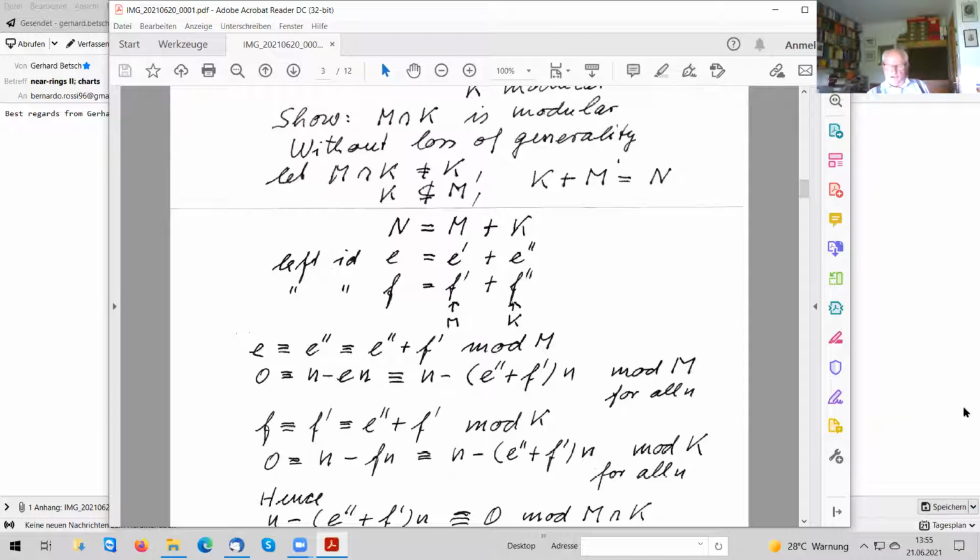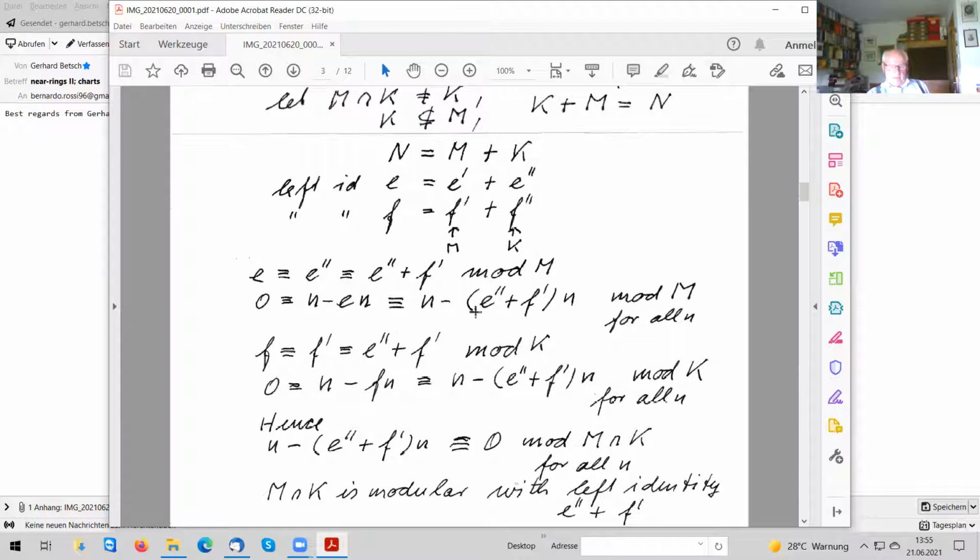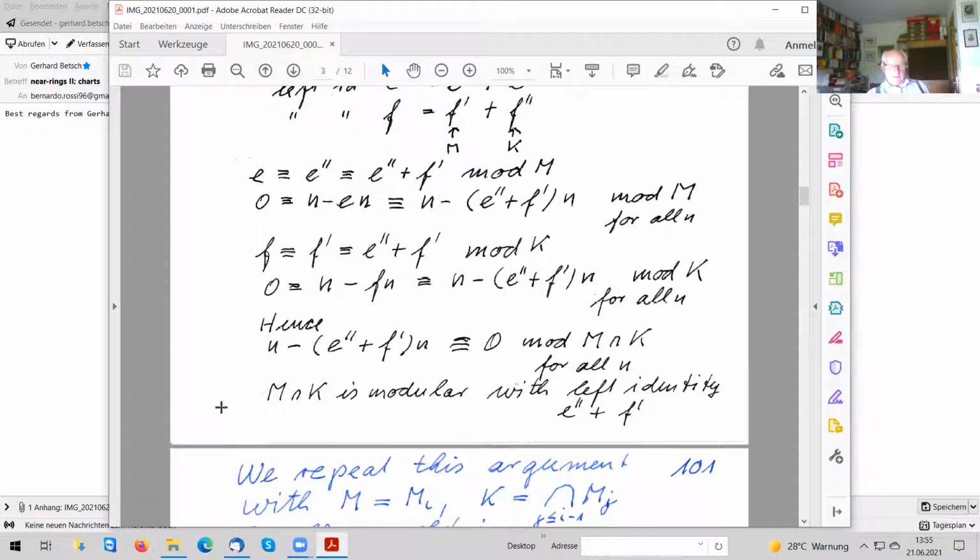This must be true for all n in N. Hence, we have that n minus (E double prime plus F prime) times n is congruent to 0 modulo M and modulo K, hence modulo M intersection K for all n, which means M intersection K is modular with a left identity E double prime plus F prime.